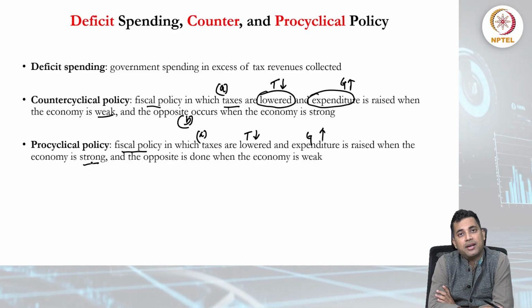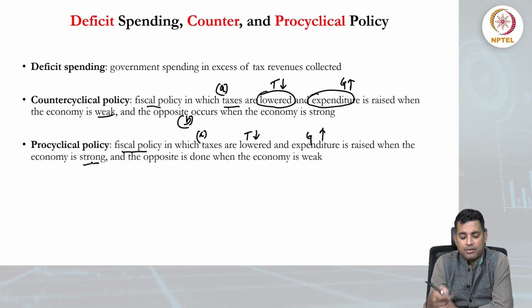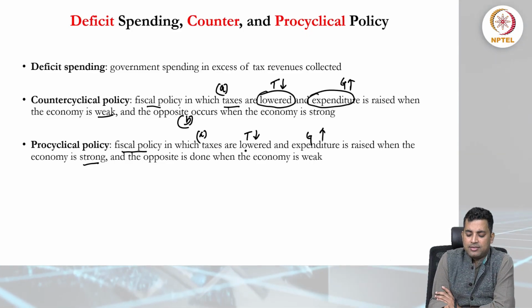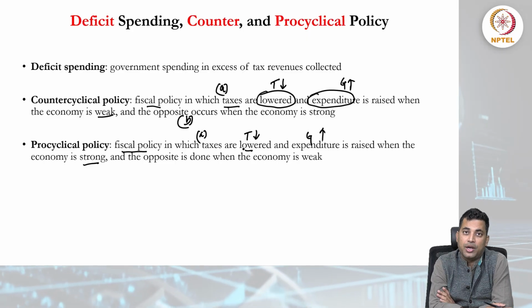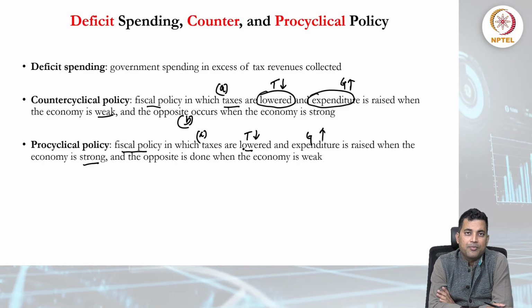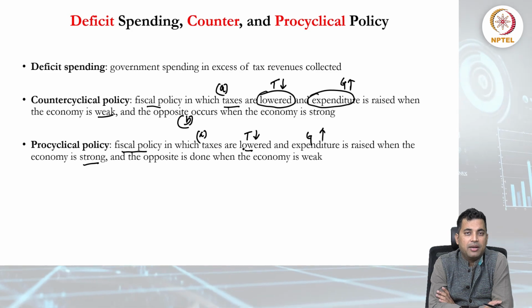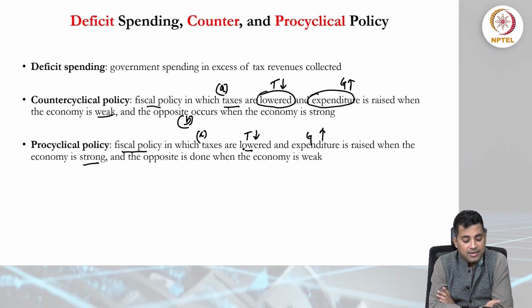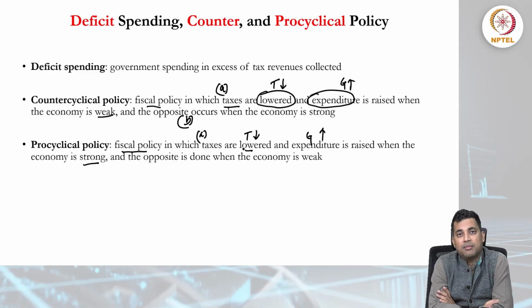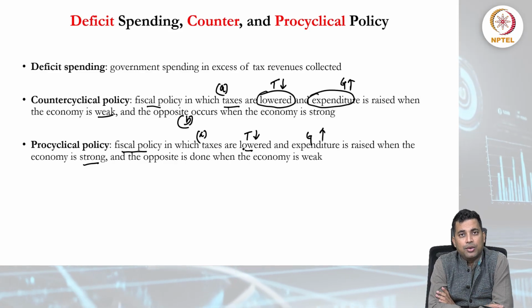But in pro-cyclical policy, tax is again lowered and expenditure is raised, but in the case of a strong economy. Here the government expenditure is still high despite the economy being strong.